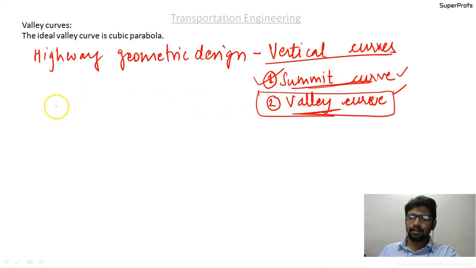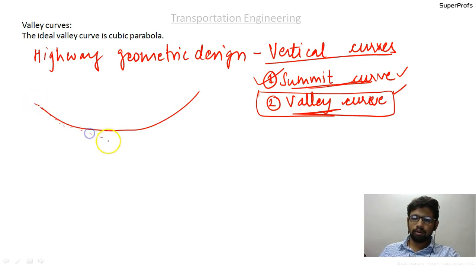What comes to your mind is valley. Valley is this way, something like this, that itself is valley. So these are the two gradients joining. One will be a downward gradient and the other one will be the upward or the straight one, you can say. So say that this gradient is minus n1 since it is downward, and since it is upward it is plus n2.